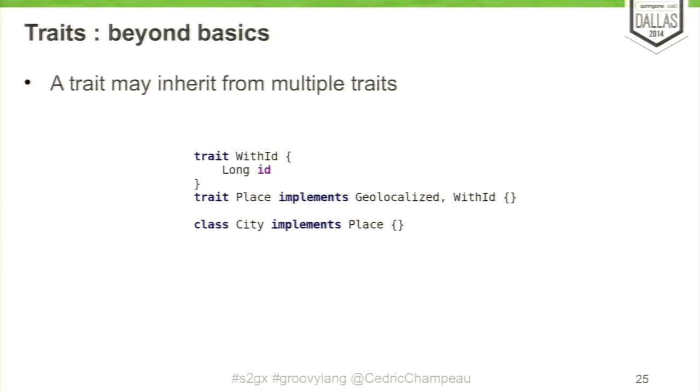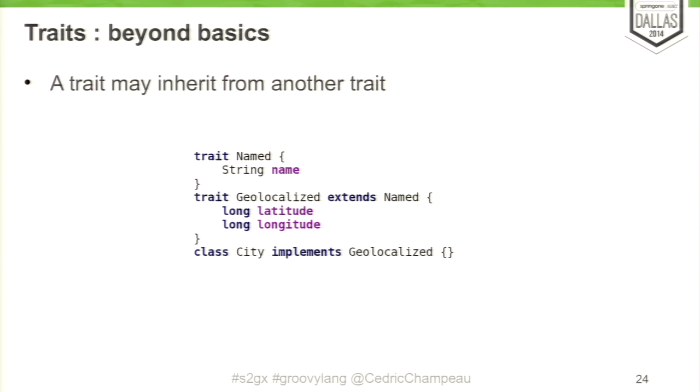Yes. So the statement was, if I'm going to utilize the name, then I should extend name, but I could have just as well implemented name and still be able to access the name. Yes, you can replace extends with implements. It doesn't change anything.